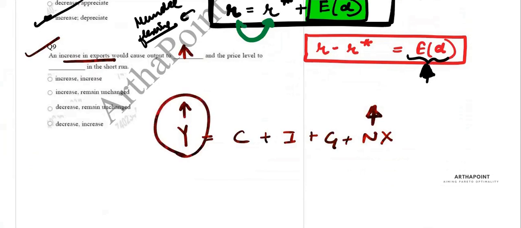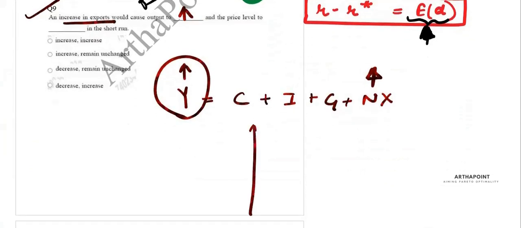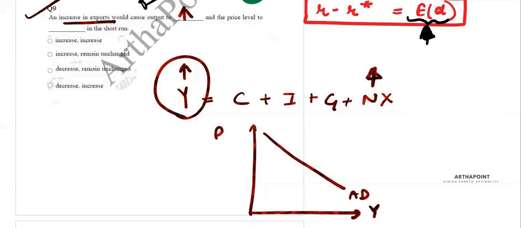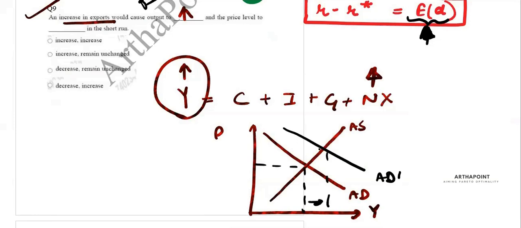And whenever your output increases, then when I draw it in the aggregate demand supply space in the PY plane, this is my AD, this is my AS. When your aggregate demand increases because exports have increased, it is going to lead to not only a higher level of output, but higher prices also. Both of them are going to increase in the short run.